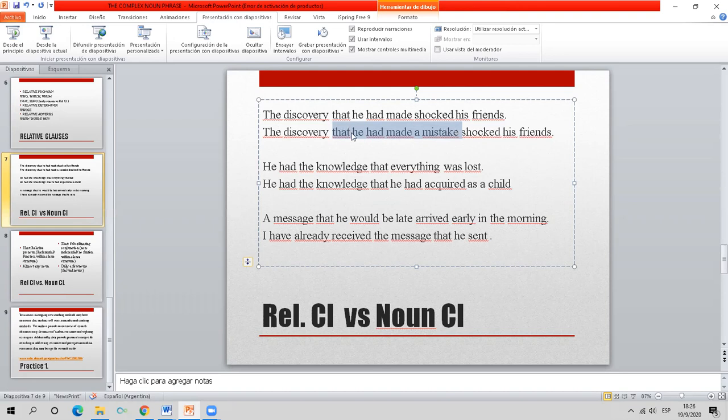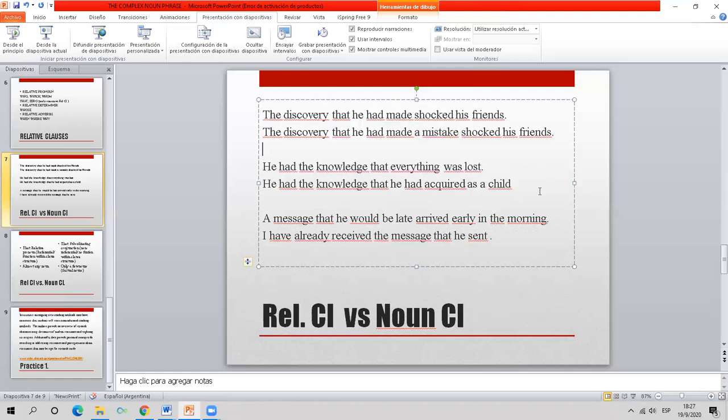You see that it may be difficult because, well, in this case, for example, you have that at the beginning, you have almost the same words, but the structure is different. Look at these two, at the following pair. He had the knowledge that everything was lost.